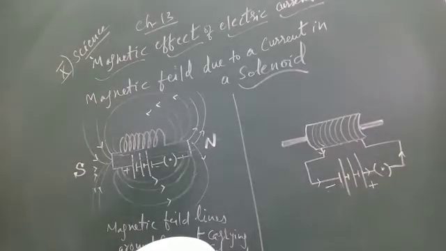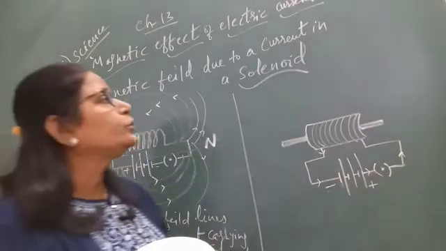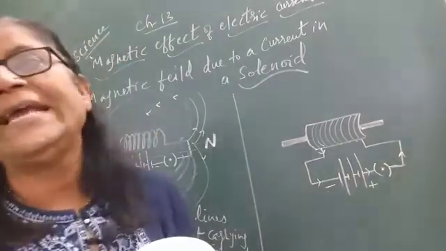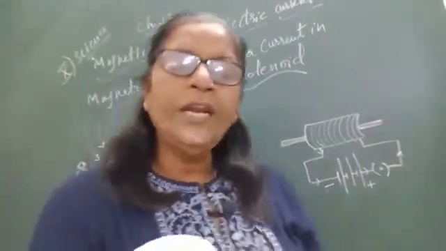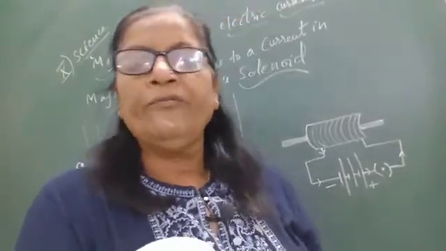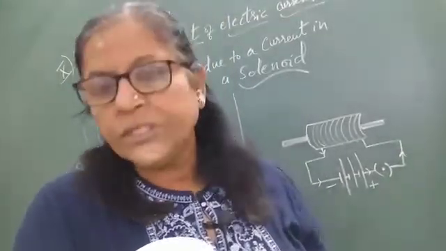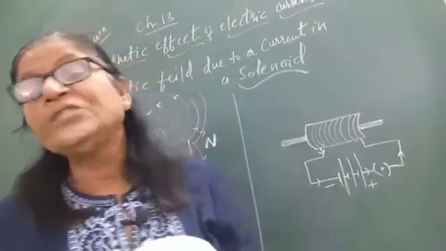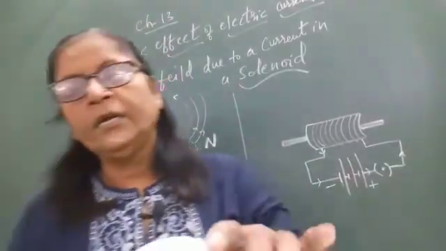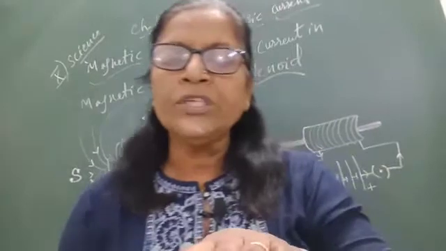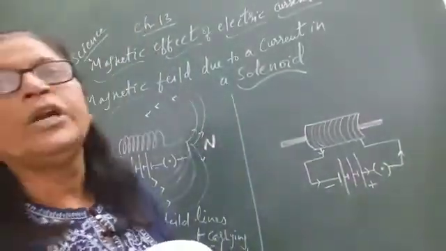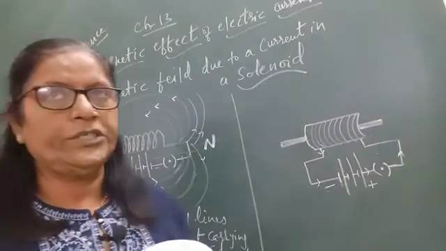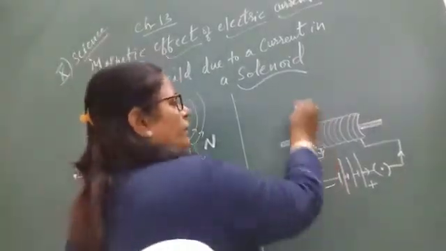Now today we are going to discuss the magnetic field due to current in a solenoid. Now actually what is a solenoid? A solenoid is a coil of many circular turns of insulated copper wire wrapped closely in the shape of a cylinder.